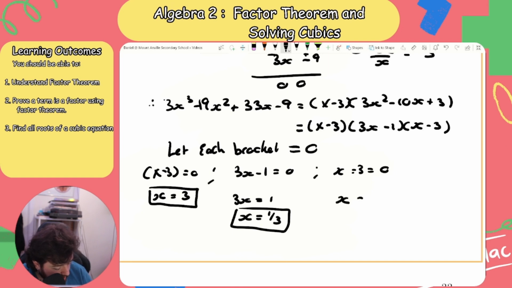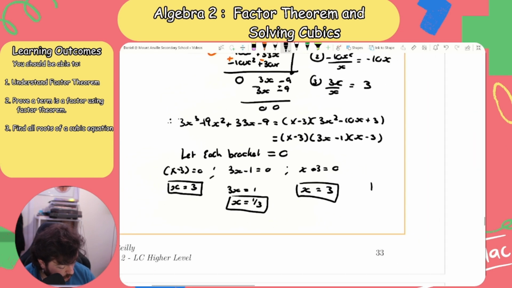And then x is going to equal positive 3. So that's a minus 3 there, x is going to equal positive 3. That's my third solution. So see here, this cubic equation, now x equals 3, it has a repeated root, right?